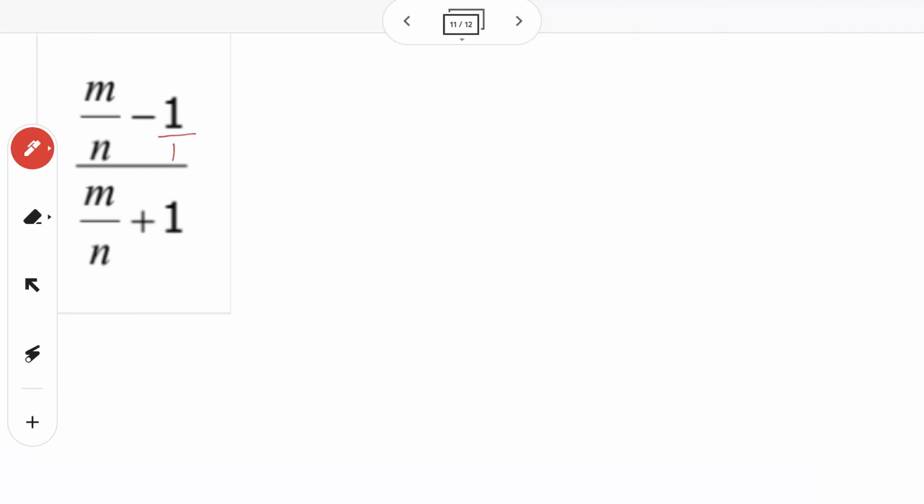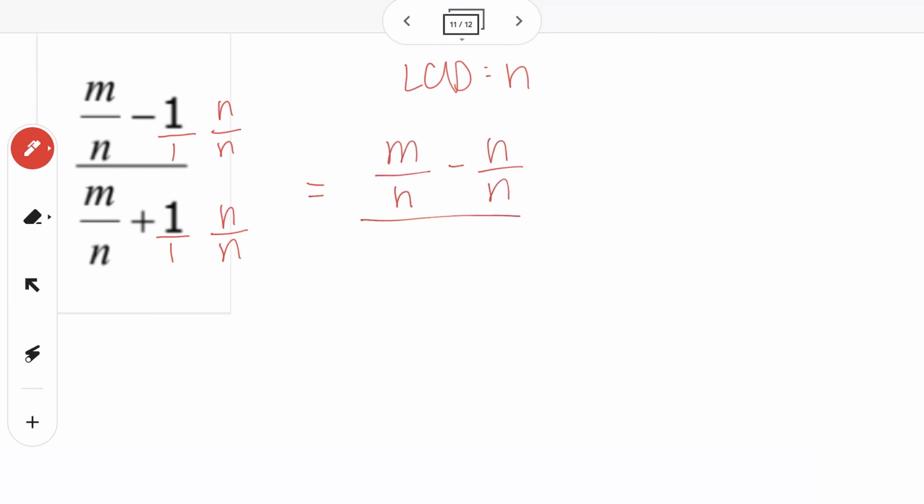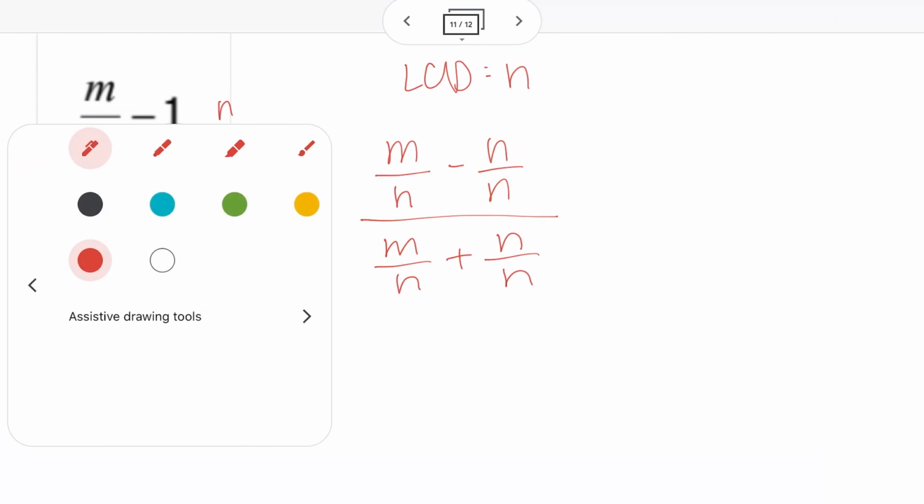With this one, it's important to remember that these 1s are really over a 1. My LCD is going to be n, because that is what these two are, and when this is over a 1, that's what it's going to be. So I'm going to multiply both of my 1s by n over n. So this is going to be m over n minus n over n, all over m over n plus n over n.